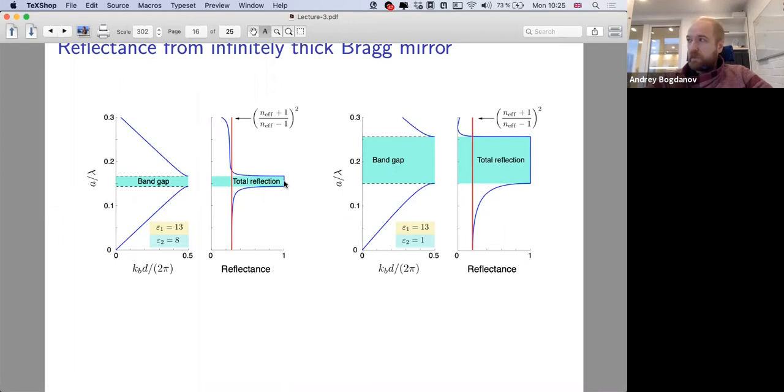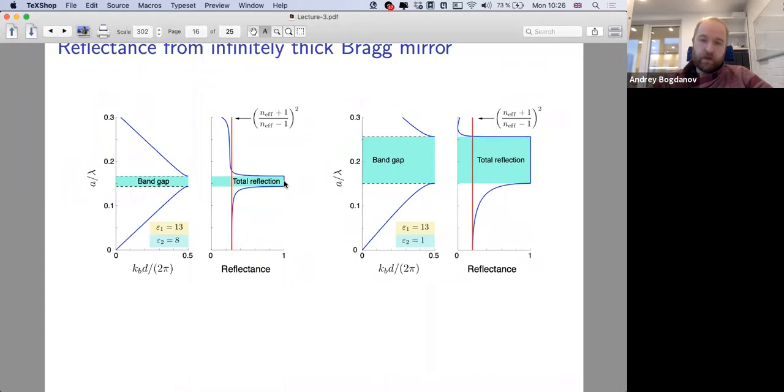But for dielectrics, if the dielectrics are isotropic, so no uniaxial crystals, no biaxial crystals, just isotropic, then this is impossible.